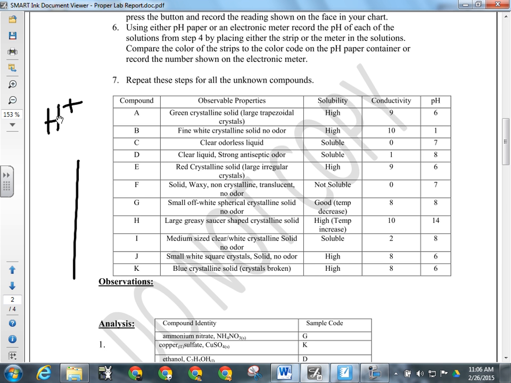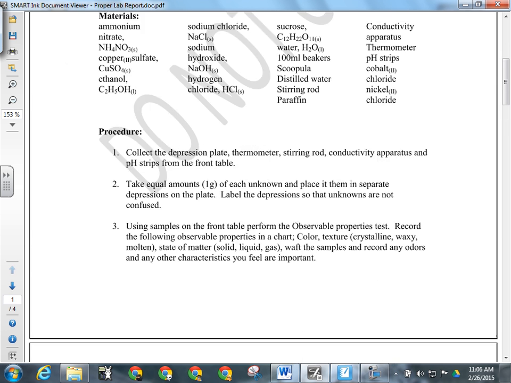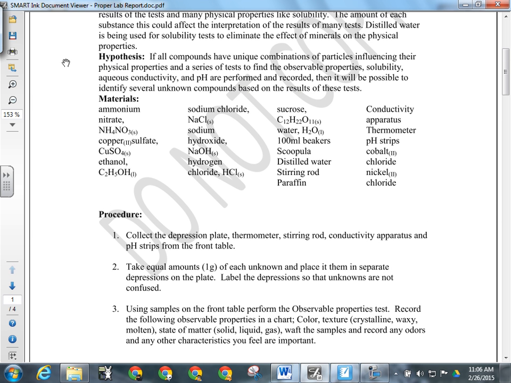Okay, for F, solid, waxy. Not crystalline. Hey, if it's not crystalline, it's not ionic. So I'm going to go back here and see if I've got any solids that aren't ionic. Okay, that's ionic, that's ionic, that's ionic, that's ionic, that's ionic. That's molecular.